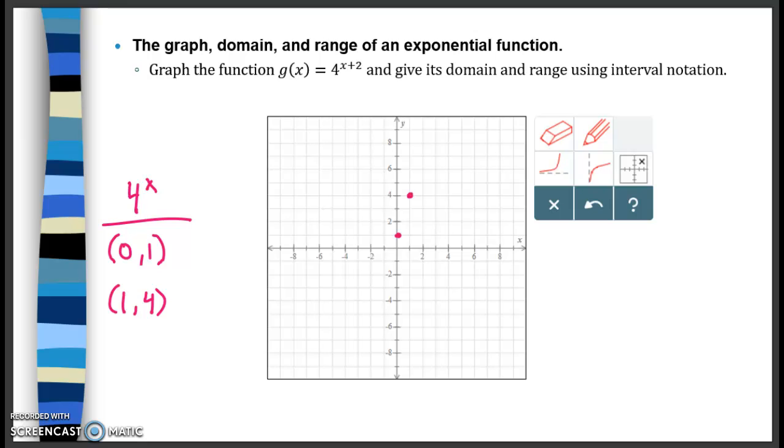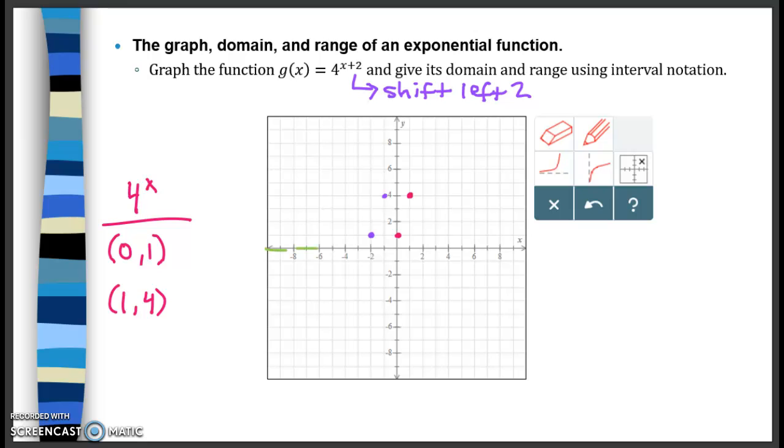But x plus 2 tells me that I'm going to shift left 2. So this point, which was at (0, 1), I'm going to shift to the left 2. Same with the point at (1, 4), I'm going to shift to the left 2, which puts me at (-1, 4). And then I didn't shift up or down at all.